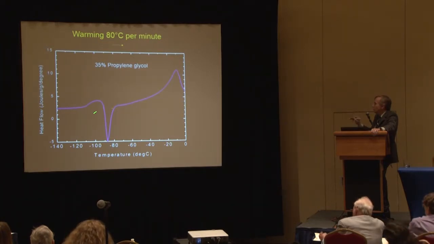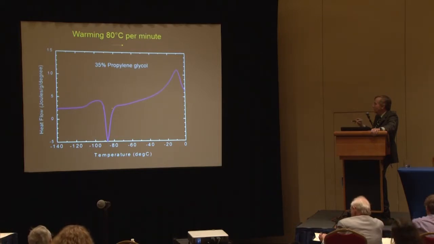And if you warm faster, you can, in little increments, move the temperature at which this happens upward, which is why I drew the TD curve as a bit blurry on the phase diagram. But to move this all the way up to close to the melting peak, you have to rewarm this solution at a ridiculously fast rate, on the order of hundreds of thousands or even 1,000,000 degrees a minute, to obliterate this devitrification event.